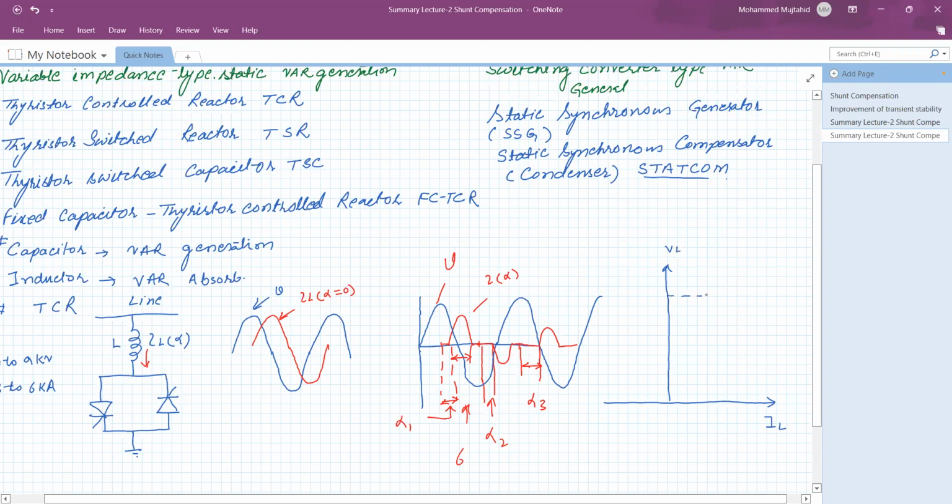Say this is the maximum voltage, depending upon the system voltage and the capacity of the inductor connected. And this is the maximum value of current the inductor can handle.